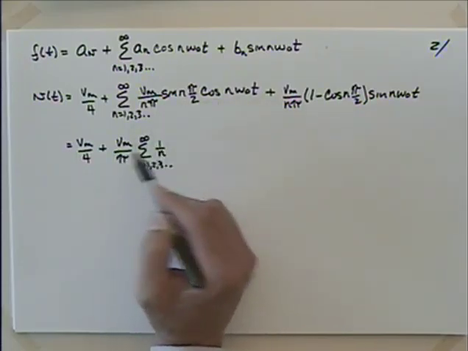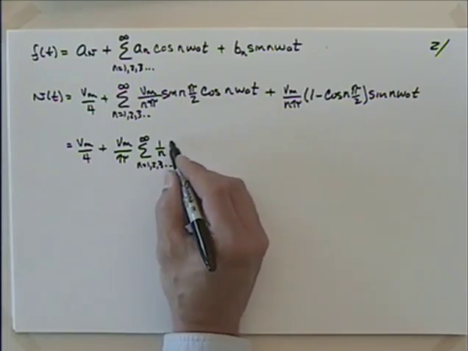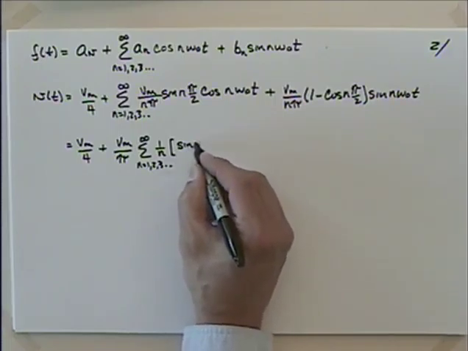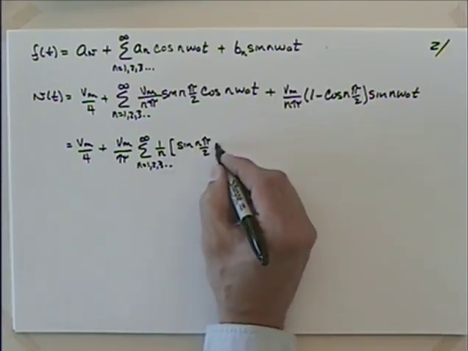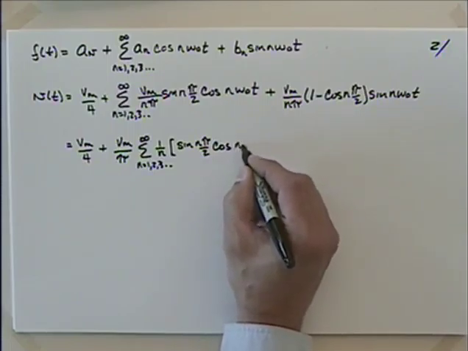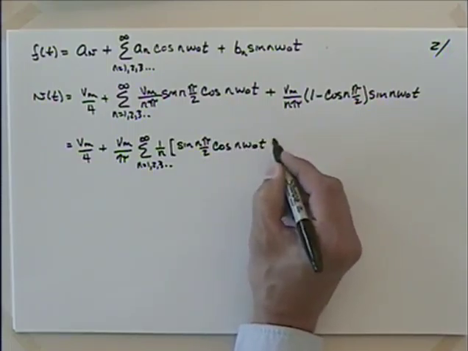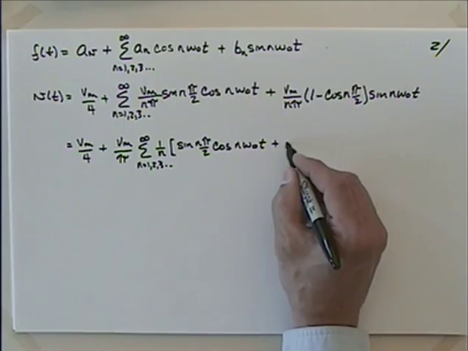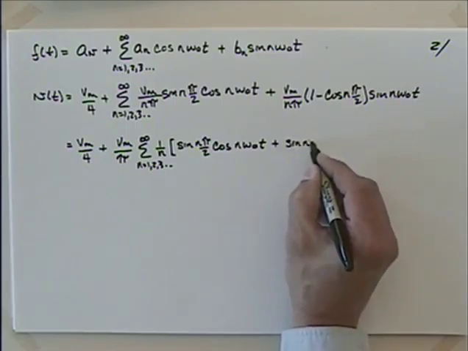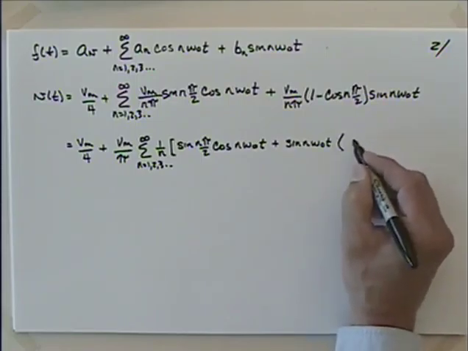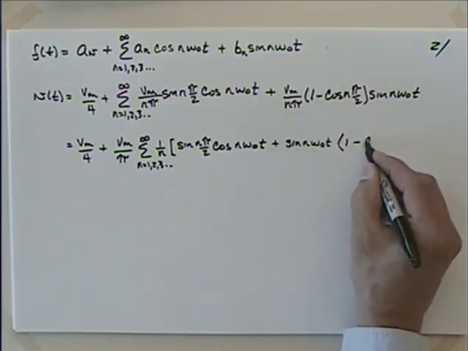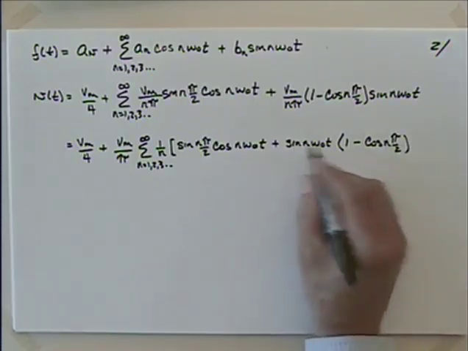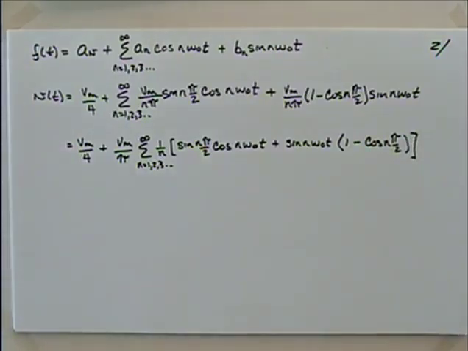I can factor that out, but I can't take it out of the summation, times the sine of n pi over 2 times the cosine of n omega naught t plus, maybe I'll write this a little differently, sine of n omega naught t times 1 minus cosine n pi over 2. So you could multiply that through if you want to. I don't think I will. I think I'll leave it like that.